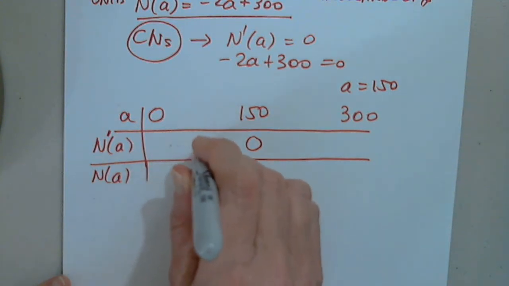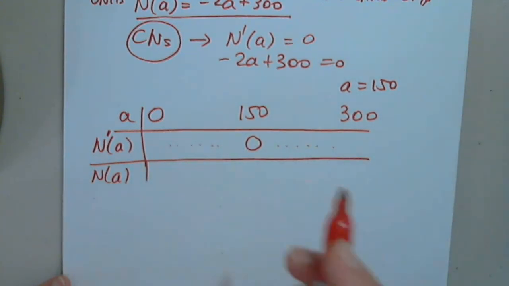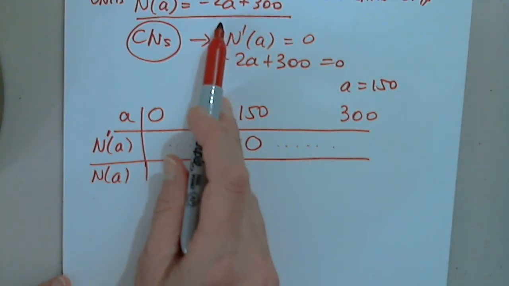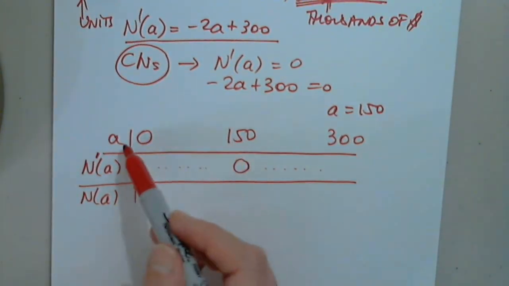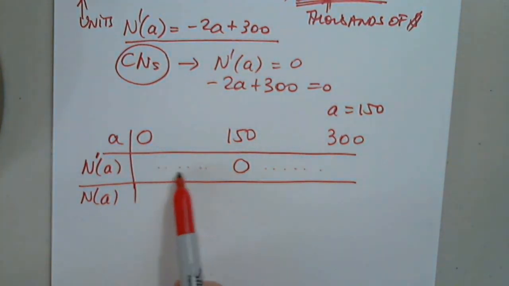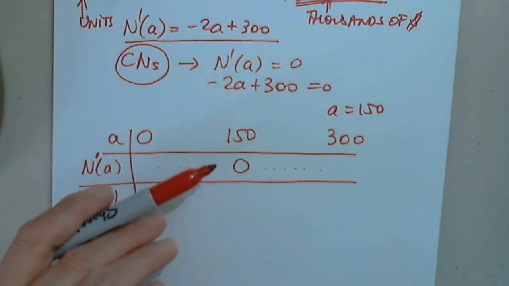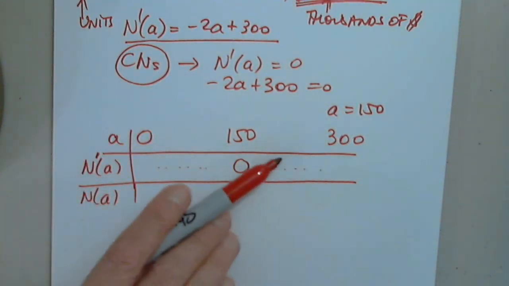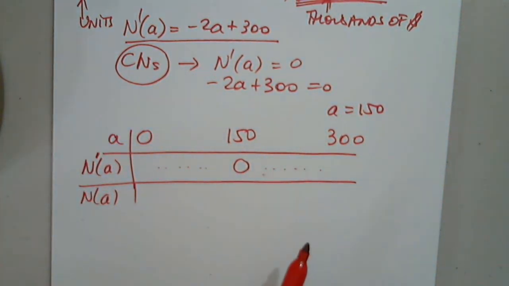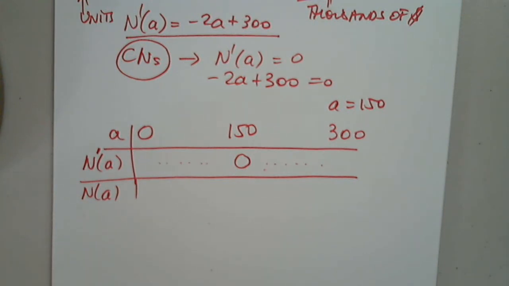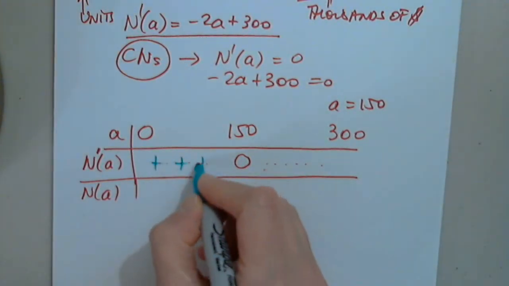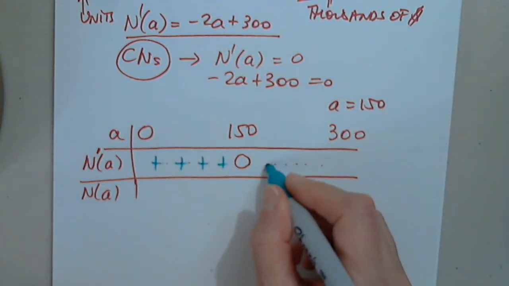I need a sign here, and I need a sign here, and the function is right there. So please plug in a number to the left of 150 and tell me the sign, and plug in a number to the right of 150 and tell me the sign. The left side would be positive. Yes, of course. And the right?